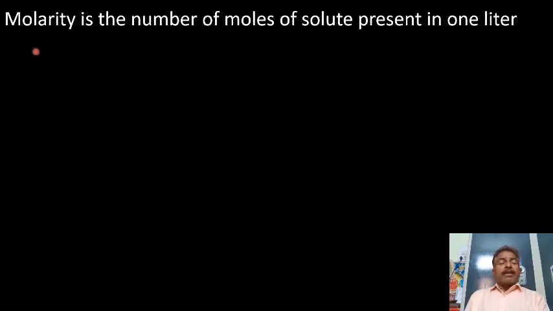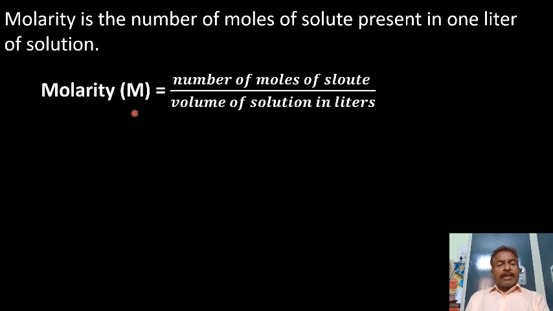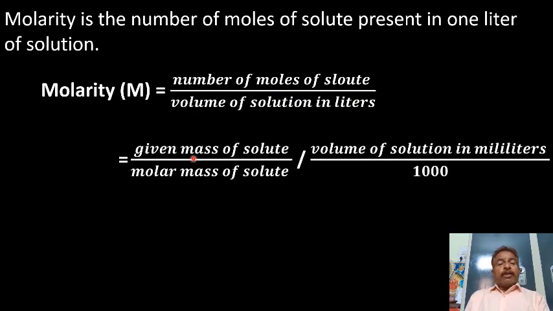Now let us discuss another method of expressing concentration, that is molarity. Molarity is the number of moles of solute present in 1 liter of solution. So molarity, denoted by capital M, is equal to number of moles of solute by volume of solution in liters. The number of moles of solute is found by given mass of the solute by molar mass, divided by volume of the solution.